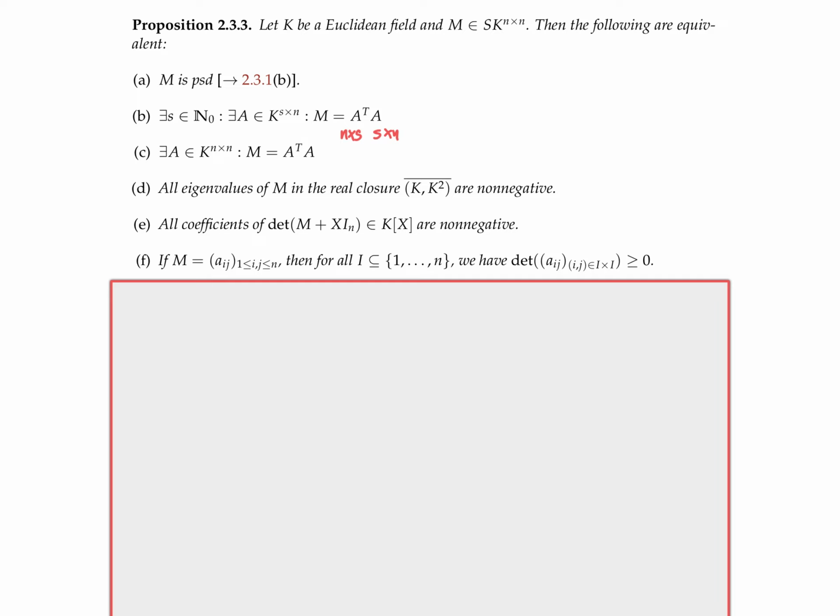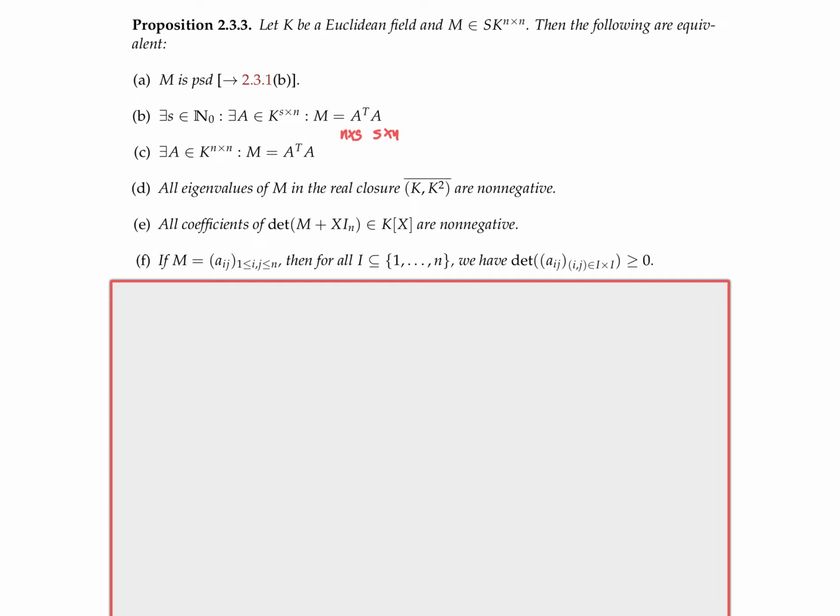So you might have heard of a similar criterion, which we don't need right now, for positive definiteness. Instead of PSD, PD, you might know a similar criterion from your analysis course, or certainly from your linear algebra course, at least if you have heard my course.